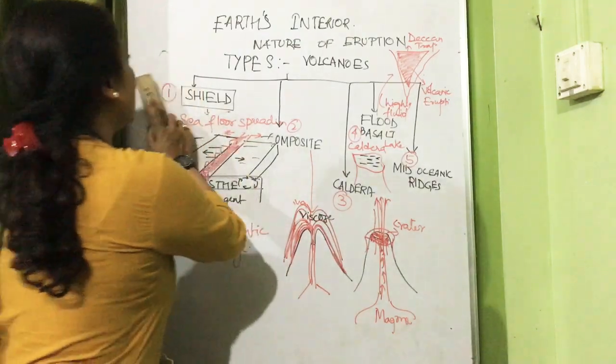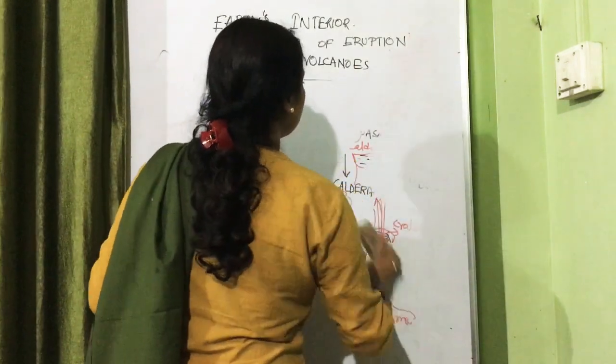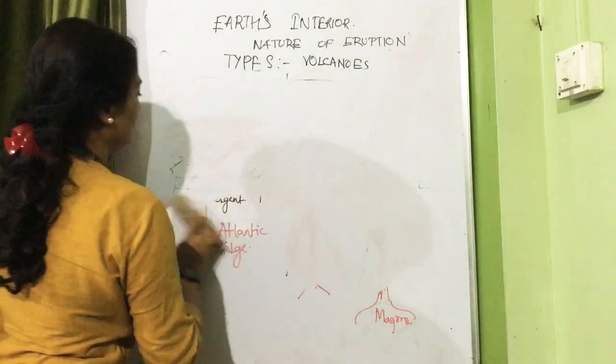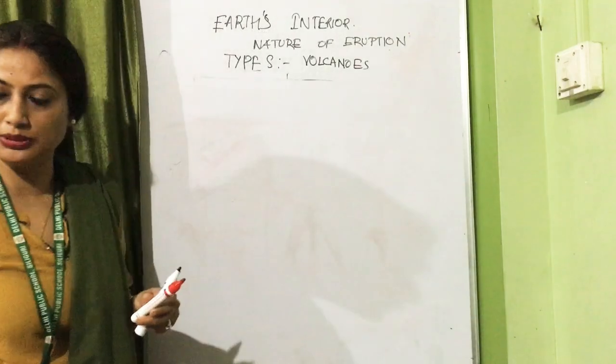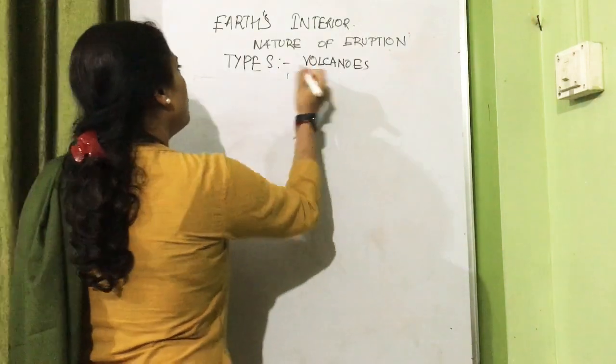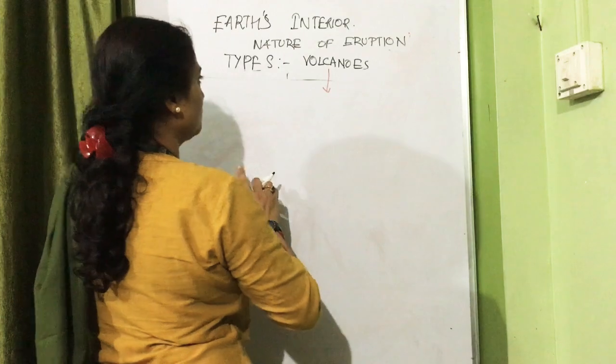The next part of volcano consists of the features which form due to the solidification of the molten matter. Now, when volcanoes erupt, they form two types of rocks.